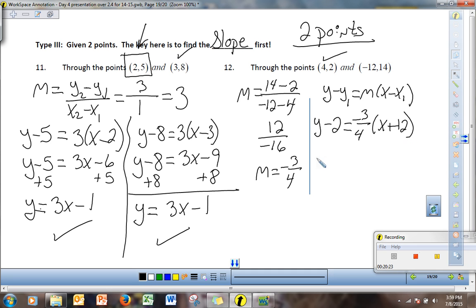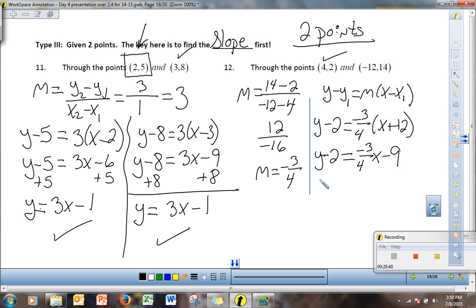Now let's bring this home. I've got y minus 2 equal negative 3/4 x. Negative 3/4 times 12, you could do it in your brain or your calculator, but you're going to get negative 9.